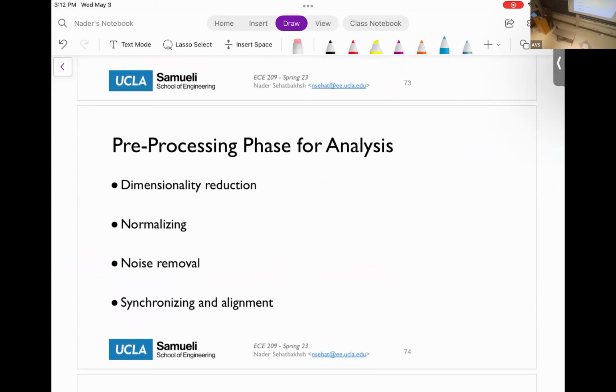For the processing phase, we usually do some form of dimensionality reduction. We do some normalizing. We do some noise removal. Alignment and synchronization is really a big problem in side channel analysis because you have lots of these samples and you want to do averaging, so you need algorithms to synchronize these different samples.